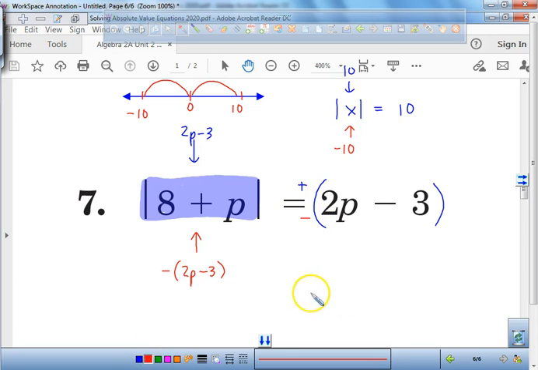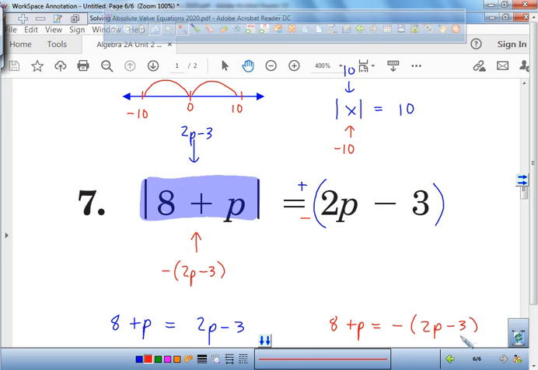So what I like to do is separate it into two equations. So we're going to have a positive version. Here we go. We're going to put 8 plus p equals 2p minus 3. And then I'm going to put 8 plus p can equal a negative, open parentheses, 2p minus 3.